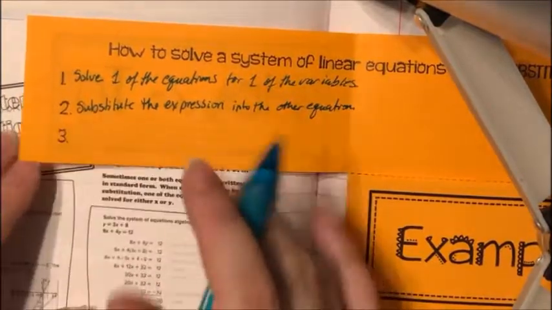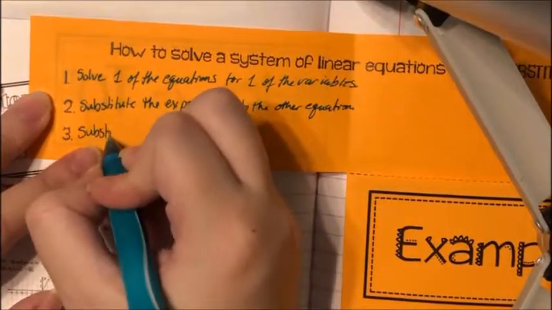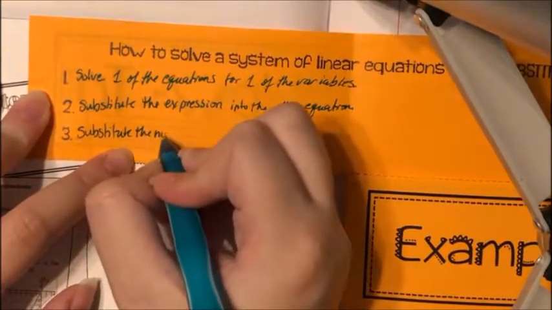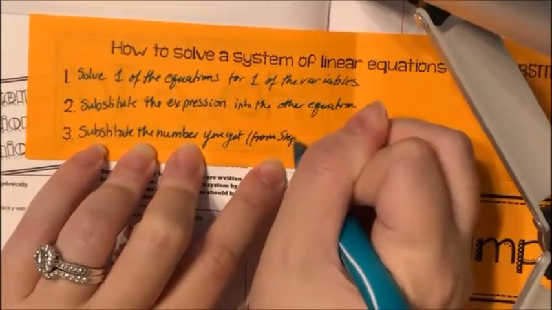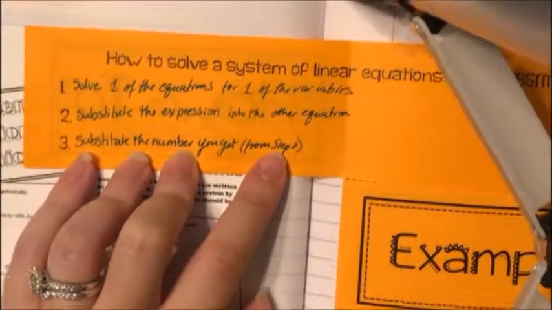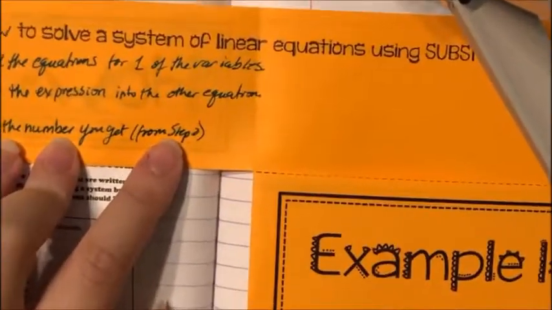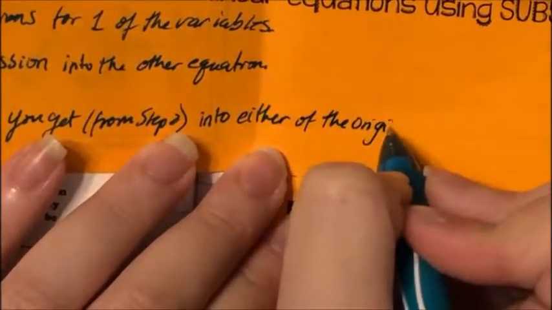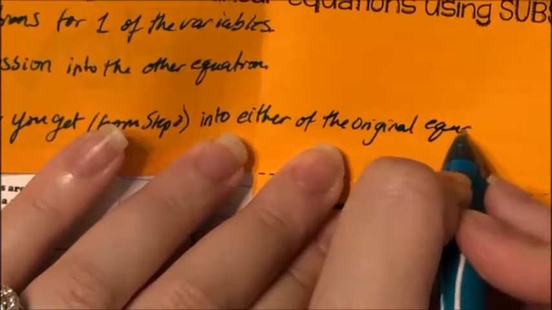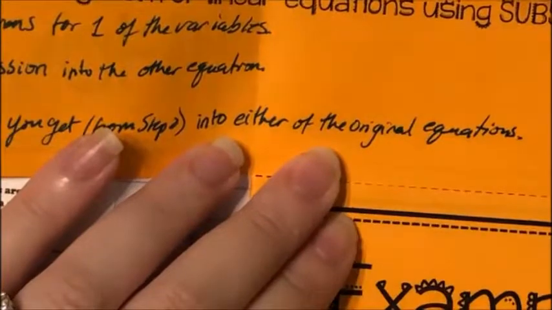Step 3 is substitute the number you get from step 2 into either of the original equations. Either of the original equations. Okay?